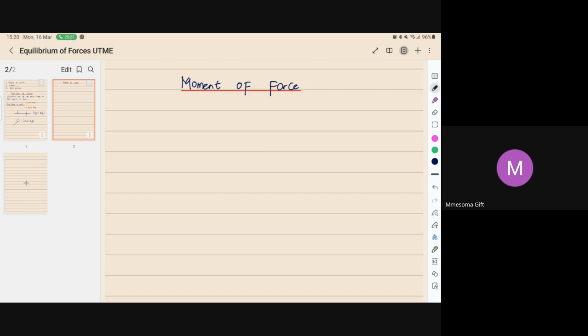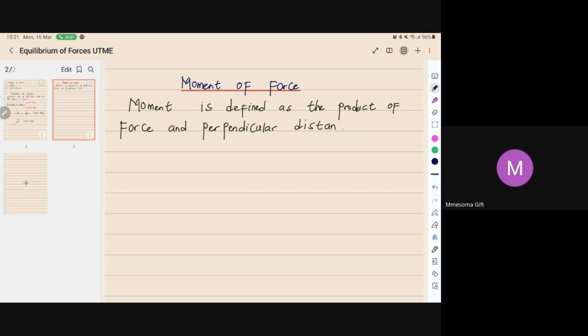In terms of the definition, moment is defined as the product of force and perpendicular distance of a line of action about a point.